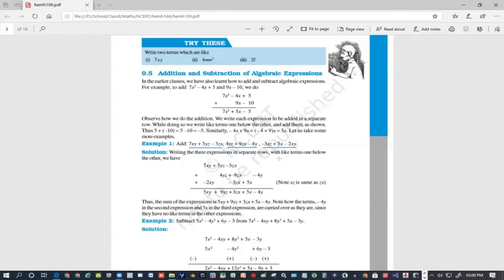So this three-term addition is to be done. Write each term in the same row, with like terms in a column, and add. Only like terms can be added, so put like terms below the other.